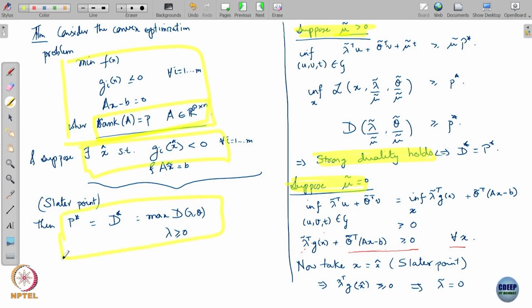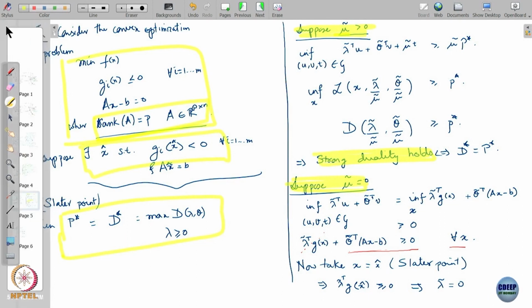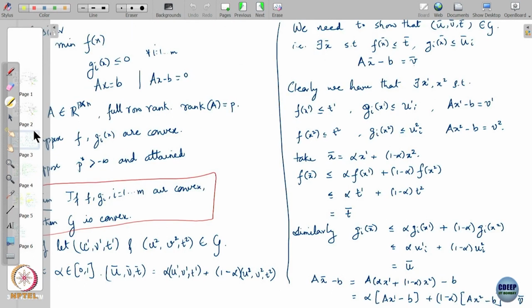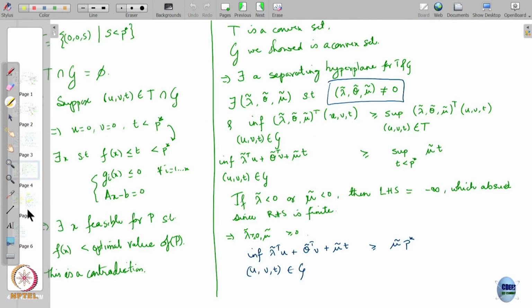That is what this theorem has shown. In proving this, we wrote this set G, we wrote this set T, we showed that the sets T and G are both convex, and then we showed that there must be a separating hyperplane.